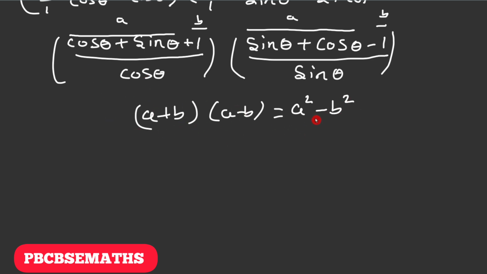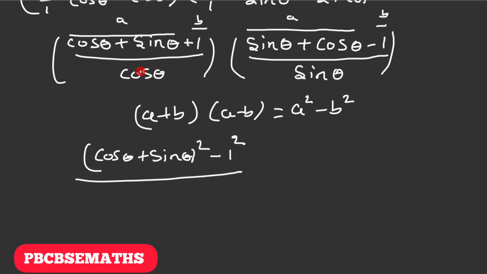With the help of this algebraic identity, we can write the numerator as (cos theta plus sin theta) whole square minus 1 square, whole divided by cos theta into sin theta.